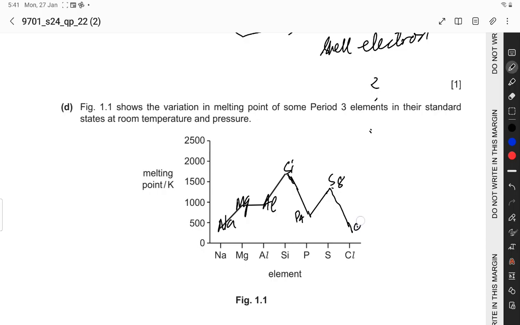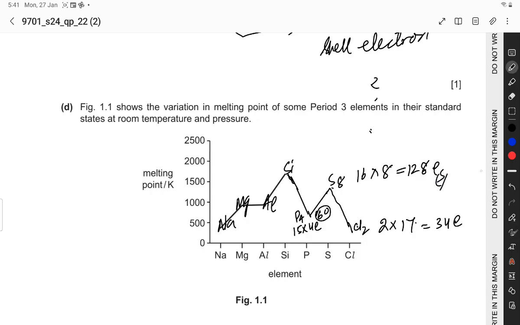Phosphorus has 15 into 4 electrons, that is 60, sulfur has 16 into 8 electrons, that is 128, and chlorine has 2 into 17, that is 34 electrons.